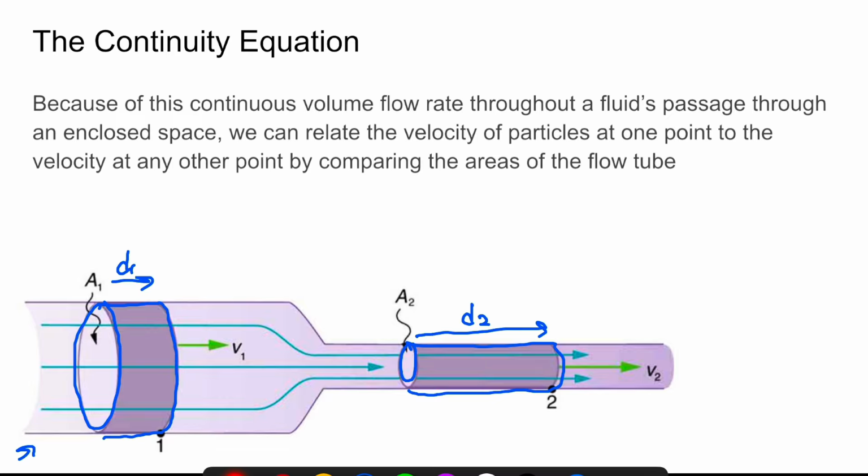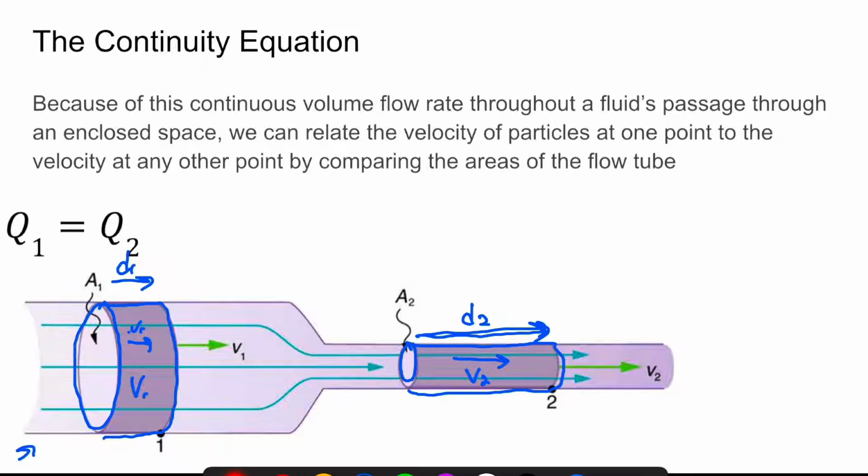So any individual particle over in volume one is going to be moving less fast. Its velocity at point one will be less than its velocity over here, which will have to be bigger because every particle is crossing a larger distance per unit time.